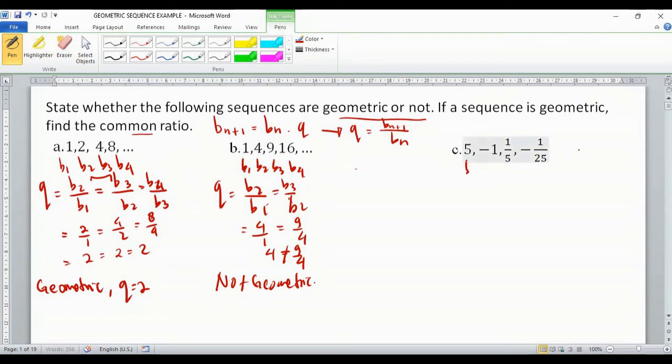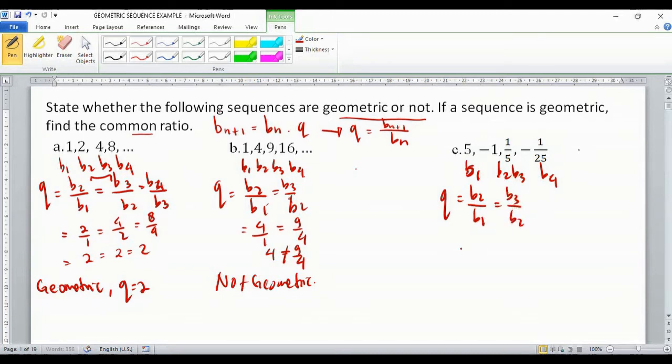How about the last one? And then k is equal to B2 over B1, equal to B3 over B2.